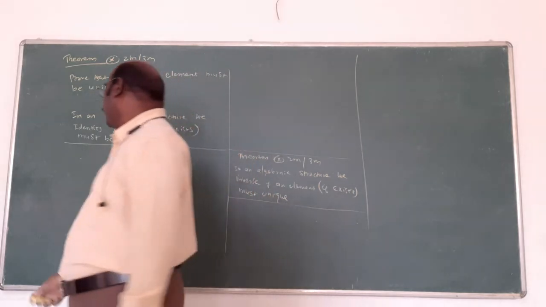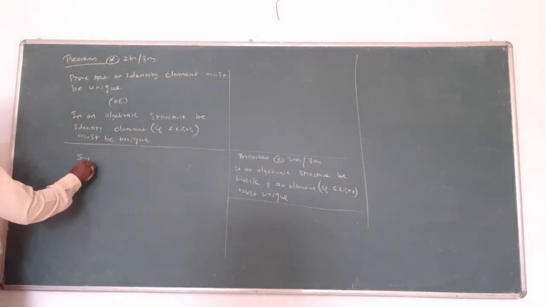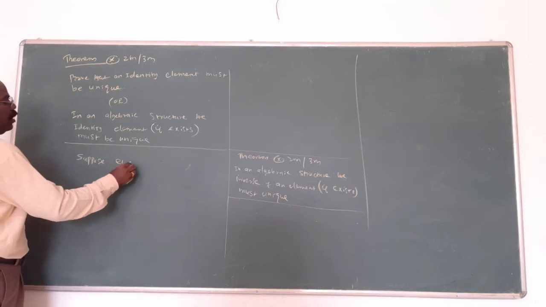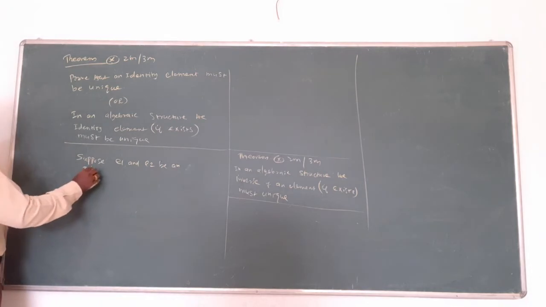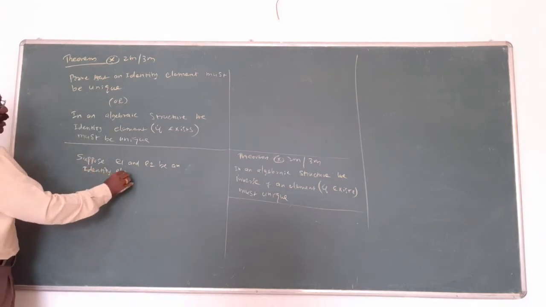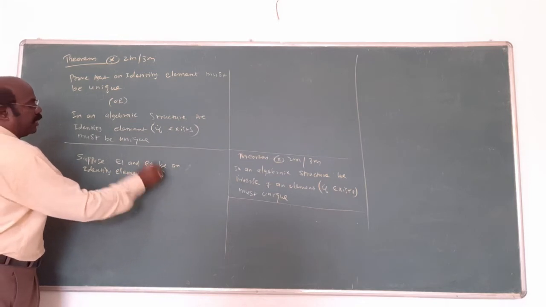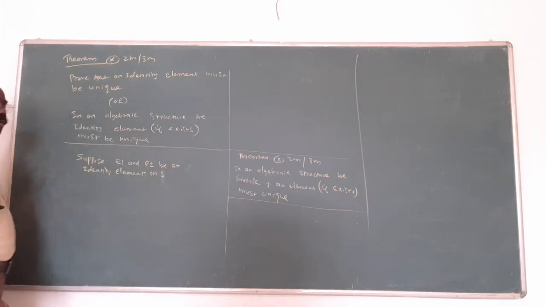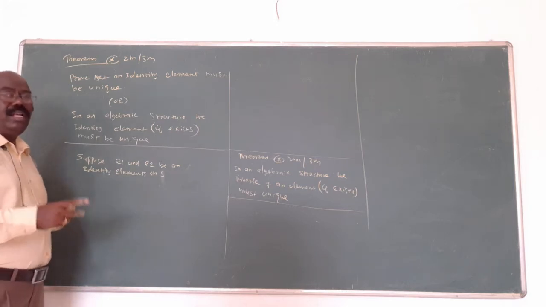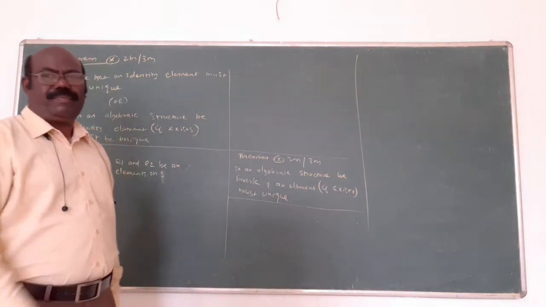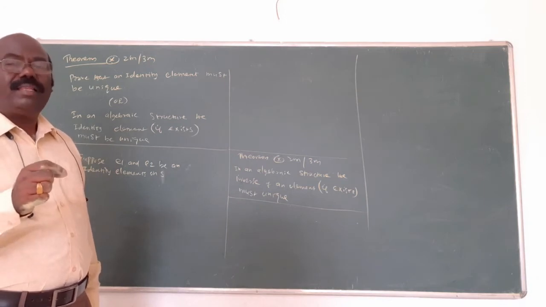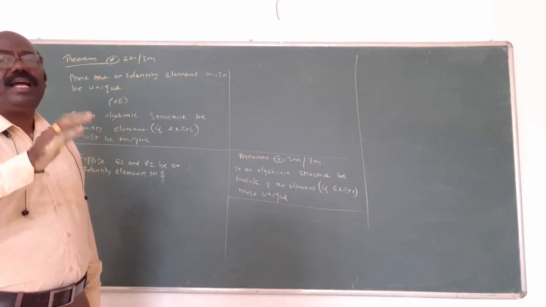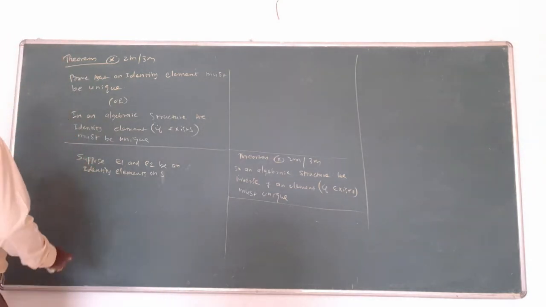That means what? Uniqueness. Suppose, to prove, I assume E1 and E2 are identity elements on S. Now you want to prove both will be equal. Am I right? E1 and E2 are two identity elements in S. What is the actual question? Uniqueness. Both elements will be equal, that means only one element is the identity element. To prove E1 equal to E2.